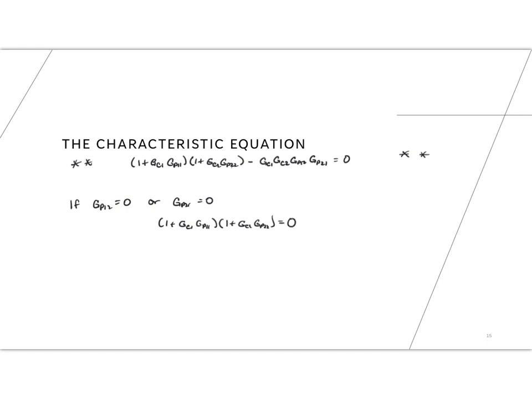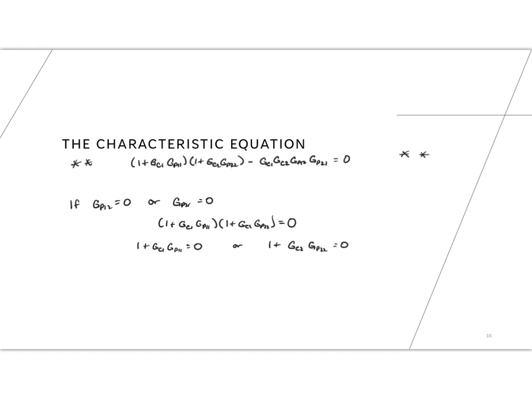And I know how to solve something where two things are multiplied together: 1 plus GC1 GP11 equals 0, or 1 plus GC2 GP22 equals 0.